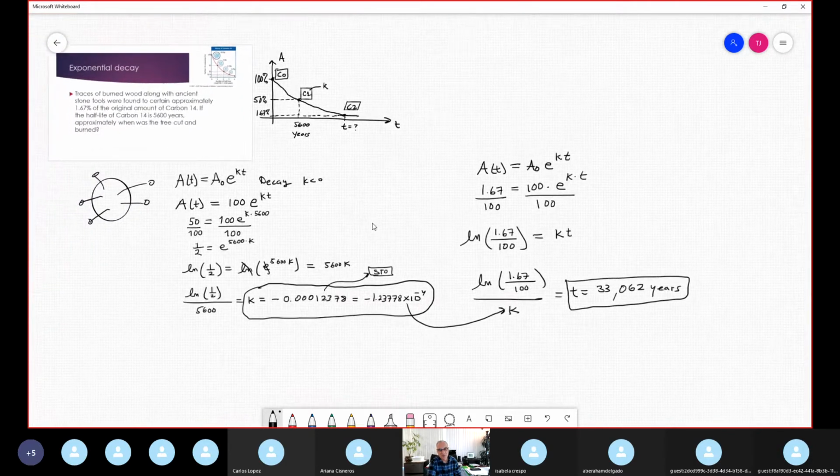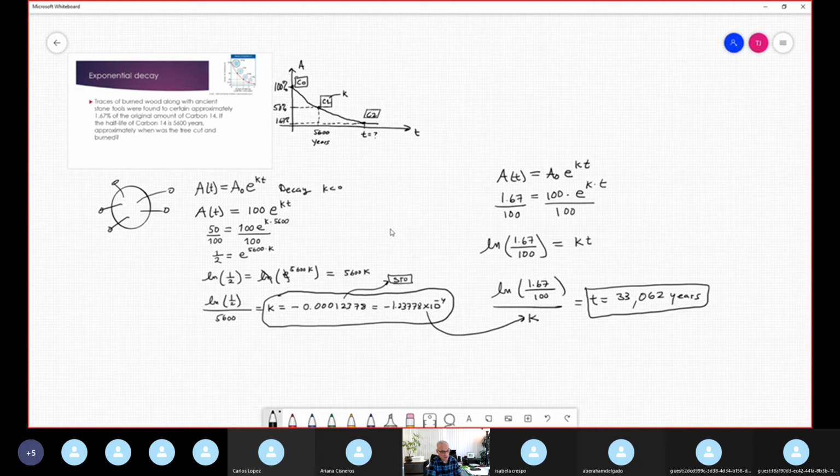Of course, this is an approximation, but it's one idea that gives us information on how antique this piece is, at least a classification, not exactly in years, but in the period of time of the human being.